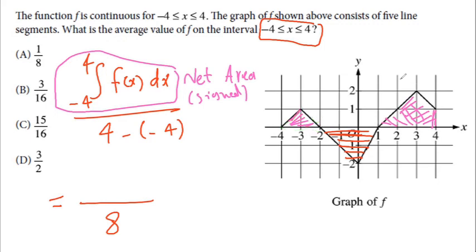Or if you use the formula for a triangle, half times base times height. So for the first triangle, the area will be half times the base, 2 units, and the height is 1.